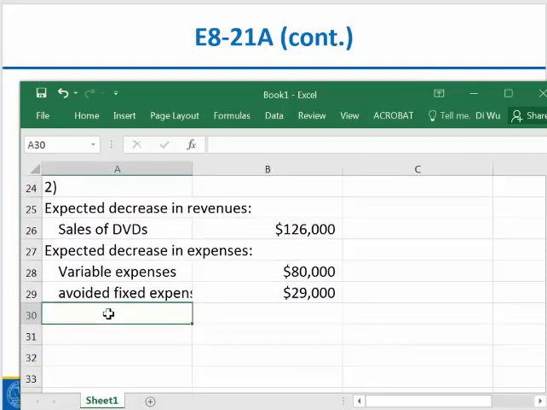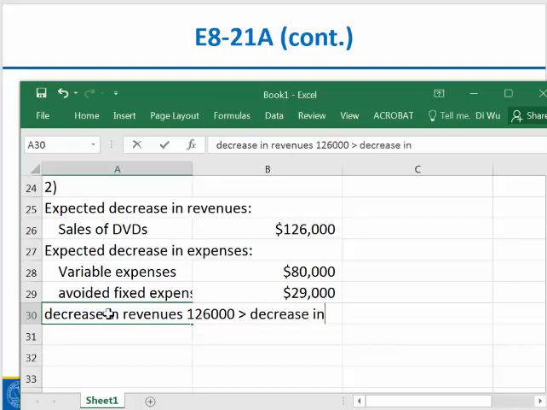This time we have a decrease in revenues of 126,000, and this number is still bigger than the decrease in expenses, which is 109,000. That's the result of adding 80,000 to 29,000.